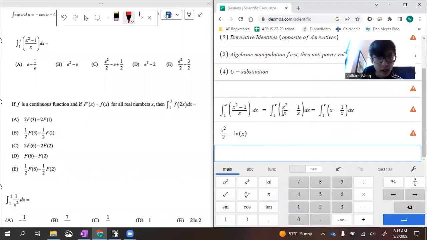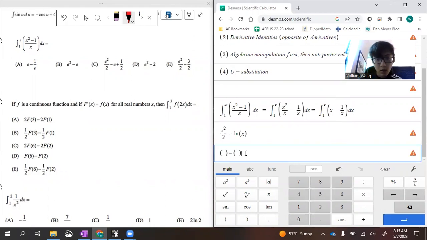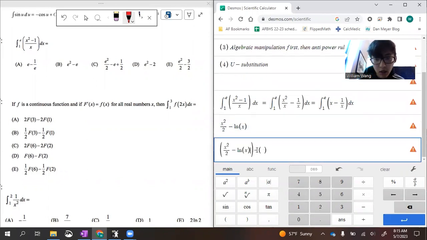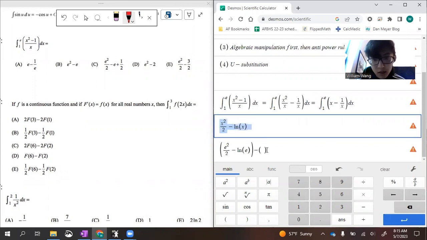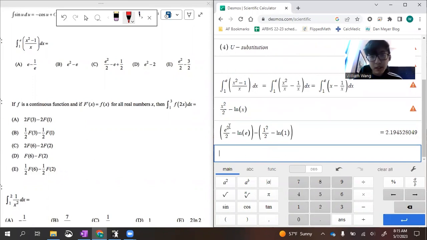Then remember, I have to plug in e and 1. So first I'm going to plug in e, and I'm going to subtract and then plug in 1. So first I plug in e, so it's going to be e squared over 2 minus ln of e, minus, and then what do I plug in? I plug in 1 squared over 2 minus ln of 1. All right, let's simplify this.